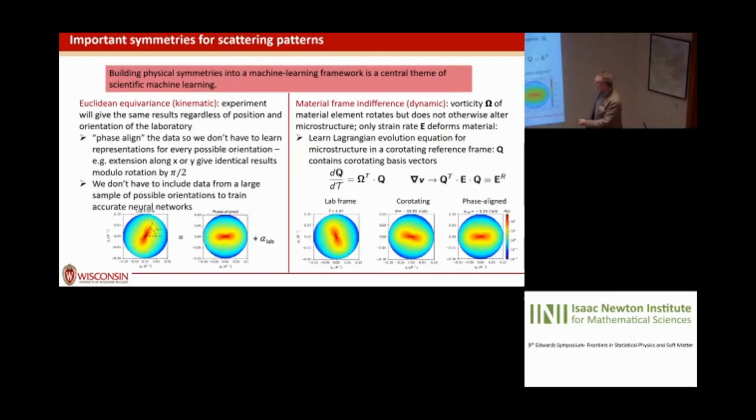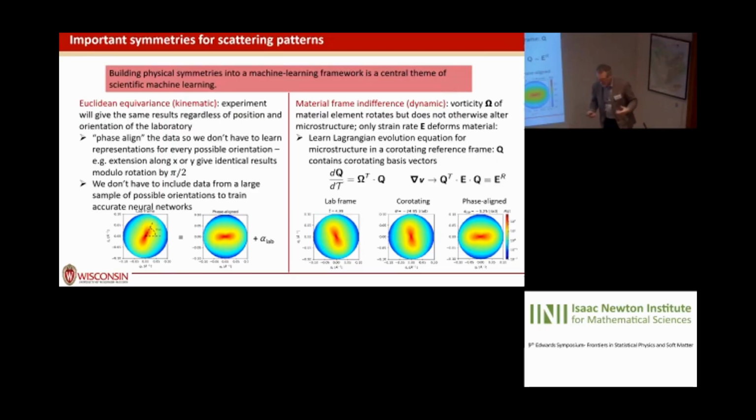All right, and that saves us a lot because one thing that means, well, first of all, it means that these symmetries are automatically built in. If you didn't automatically do that, you would have to separately learn this scattering pattern, and you'd have to augment your data with that scattering pattern, and then all rotations of it to have a proper data set.